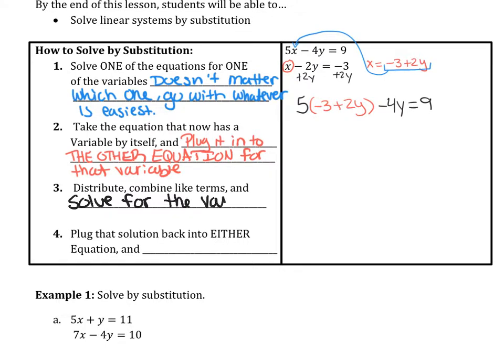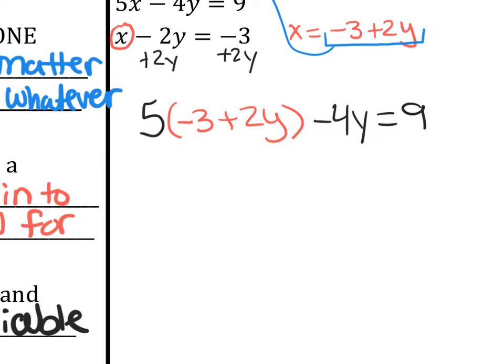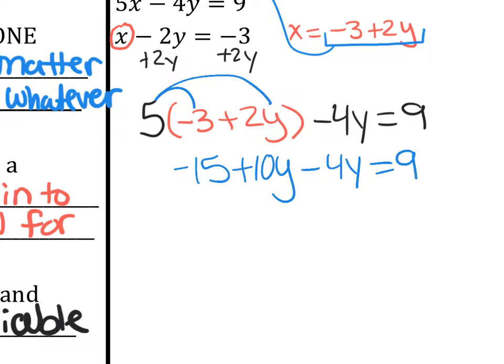So we will take this 5, which is outside the parentheses, and we will distribute it. So 5 times -3 and 5 times 2y. Then we still have our minus 4y equals 9. Okay, combine like terms.